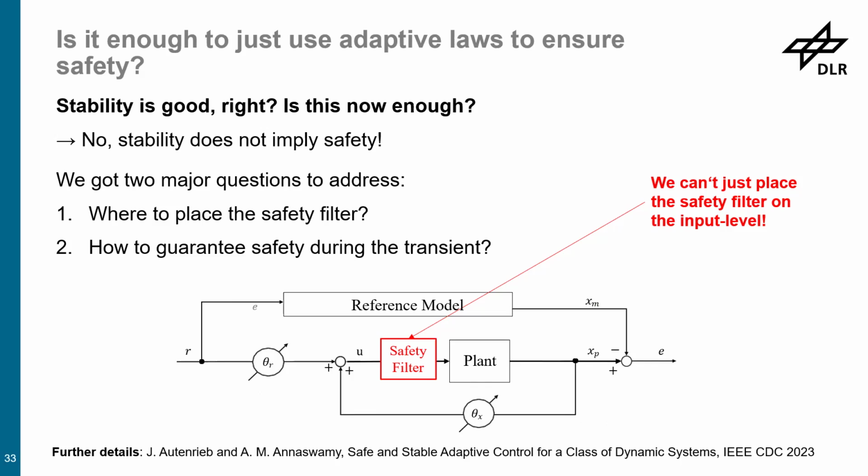So we will have the safety filter here. This means the safety filter, even though it would use the adaptive gains, would try to adjust the closed loop system in its behavior, which maybe leads to the problem that we are deviating from XM on purpose, right?